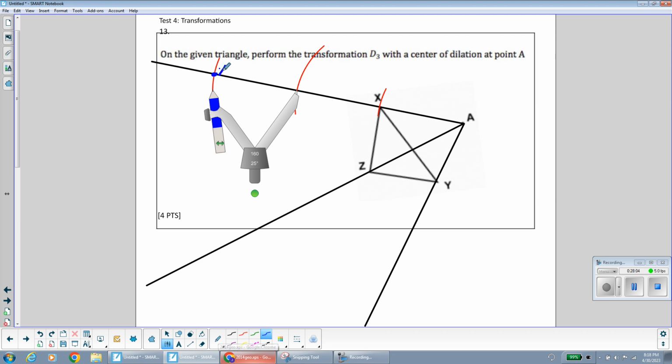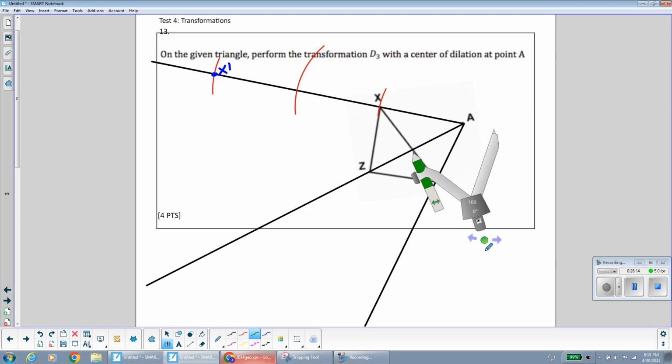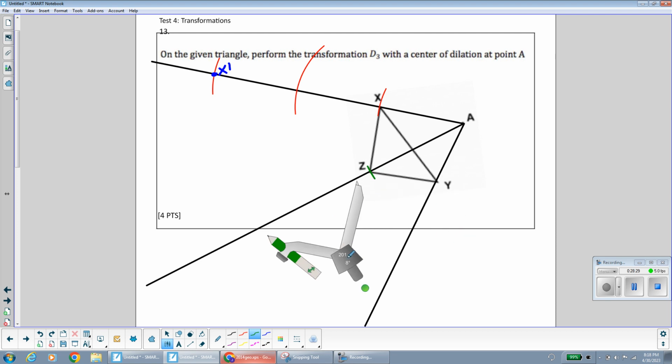So that would be the point X prime. Okay, now I'm just going to repeat for the other points on the triangle. So I'm going to go over to the center of dilation, and once again, I'm going to measure to the first pre-image point, to point Z, and I'm going to put a little arc to show that I measured, that I'm not just randomly guessing how big that distance is.